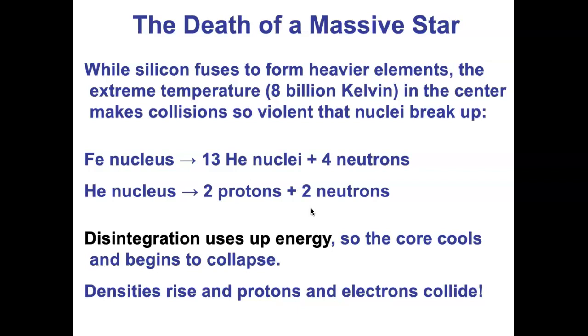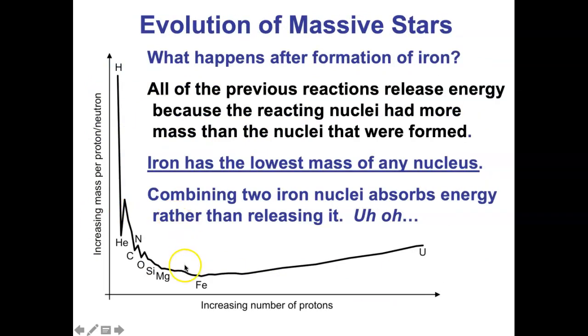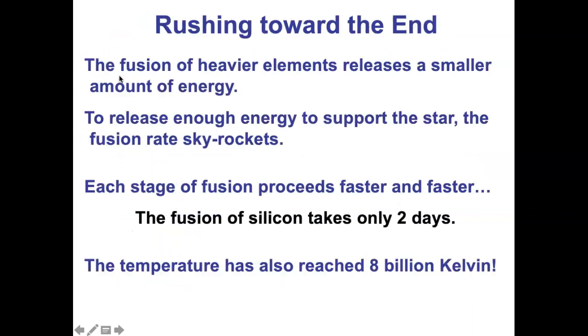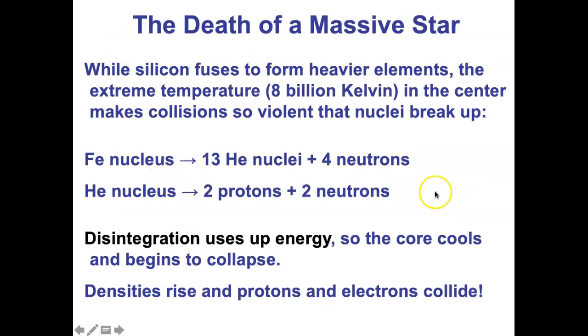When those atoms absorb the gamma rays, the core cools off because energy has been absorbed. The energy has been turned back into mass. To take that iron and split it into protons and neutrons, you have created new mass at the cost of energy. This photodisintegration, as it's called, when the iron absorbs light and starts disintegrating, cools off the core.